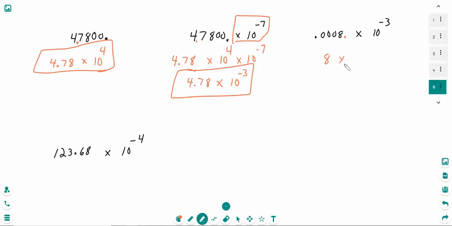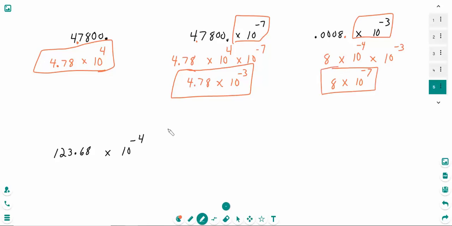And we're going to multiply that by a 10. But now to get back to where we started, we need to move our placed decimal 4 places to the left, which means we're going to have to use a -4 in this case. And then we can bring down the rest of the problem, which is this times 10 to the -3. So times 10 to the -3, and we end up with 8 times 10 to the -7.